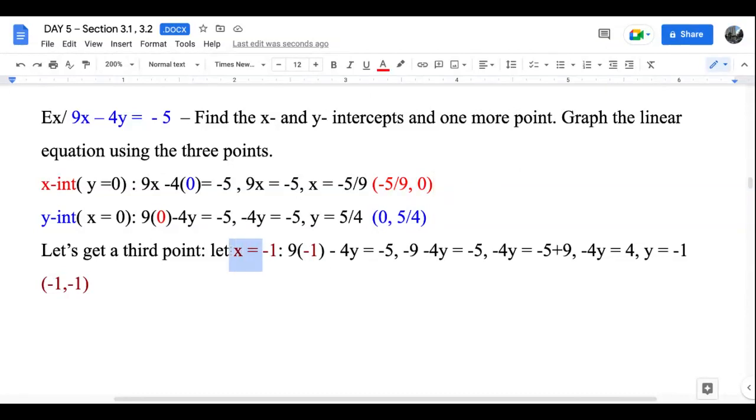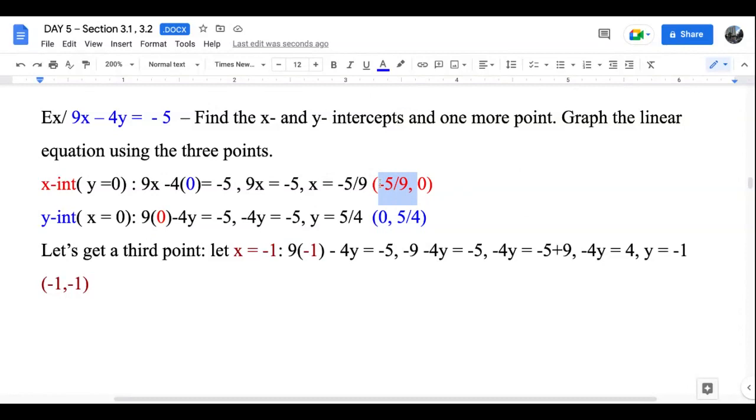Now let's find the third point. So let x equals negative 1. Then we solve for y. So y also equals negative 1. So we get a third point. Now with these 3 points, we can graph. Right? We just mark. So where is this one? On x-axis, right? Where is this one? On y-axis.